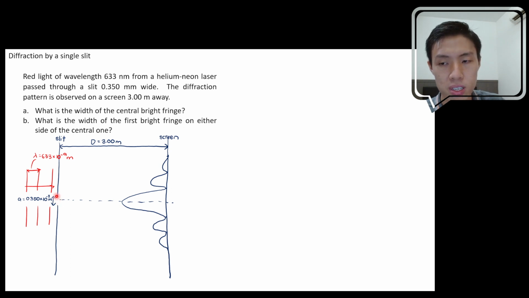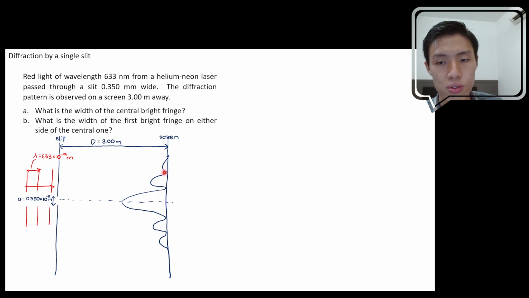So there are many points here on the wavefront, and each point will be a source of secondary wavelets. So this region here will be overlapping many secondary Huygens wavelets. For the center bright fringe, you can always find a pair that is constructive between all the points. So essentially what happens here is constructive interference. You get a very bright fringe over here.